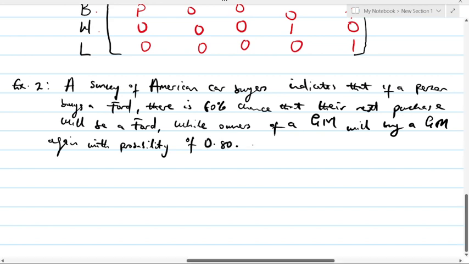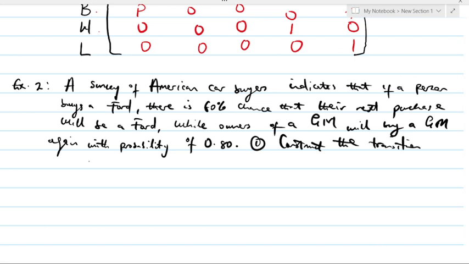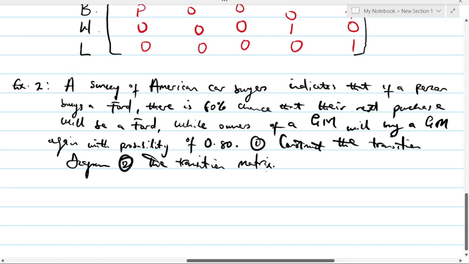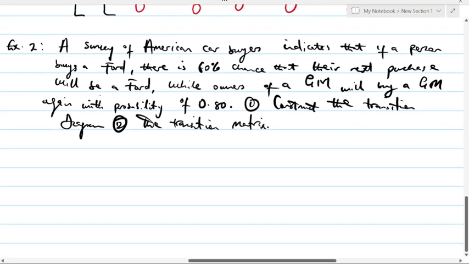So for the buying habit, you have to construct the transition diagram and the transition matrix. So let's check the solution.